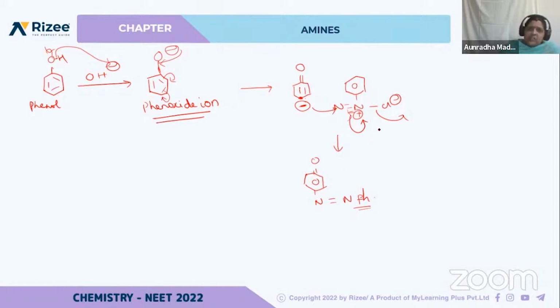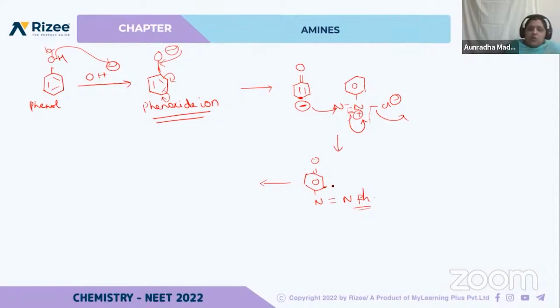Due to this rearrangement, again this bond is going to break and the Cl minus goes into solution. But here the aromaticity has not been restored.